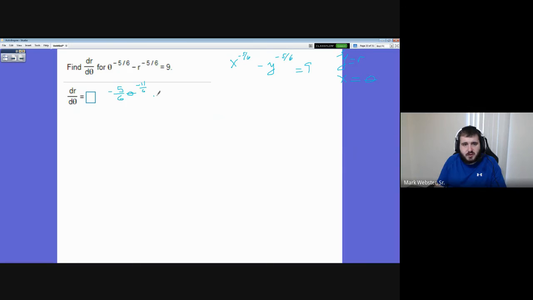So the two negatives are going to cancel, leaving us with a plus 5 over 6 r to the negative 11 over 6. And then this is our implicit one. This is our y. So this is times dy dx or times dr d theta equals, what's the derivative of 9? 0. Derivative of any number by itself is always 0.